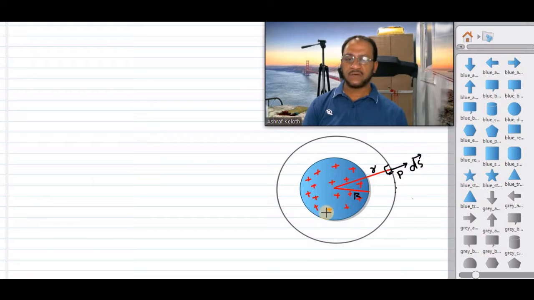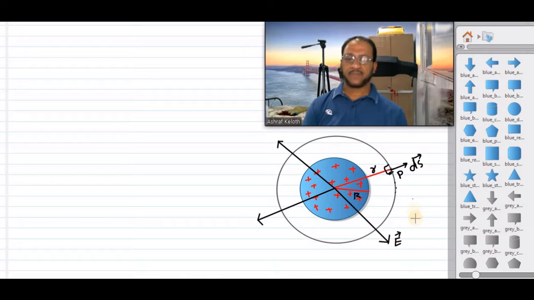At this point the field is in this direction, and at any other point it is also radially outward. Everywhere it is radially outward, along the radius direction, representing the direction of the electric field at the respective points.